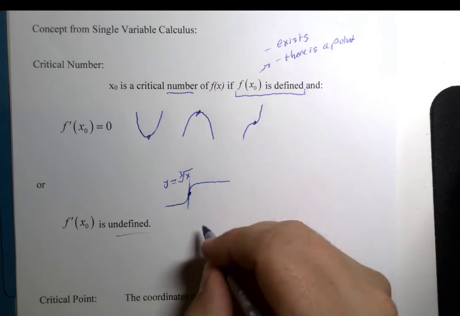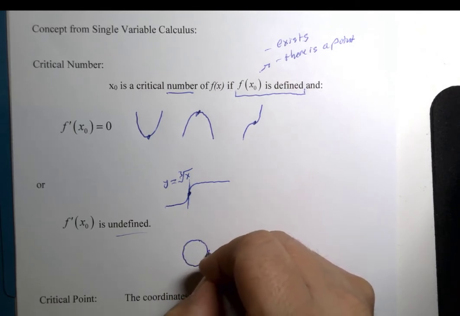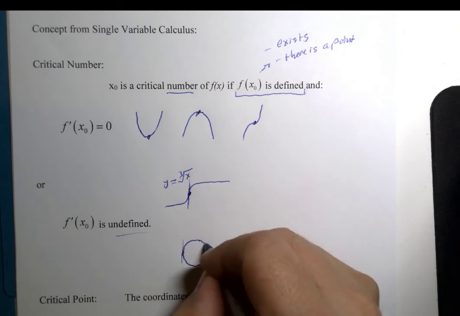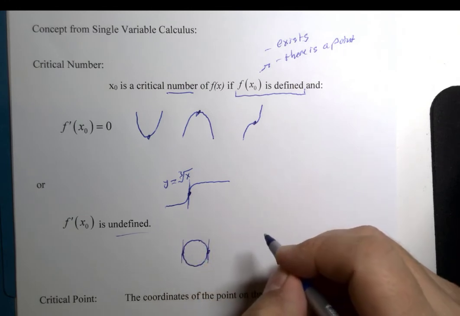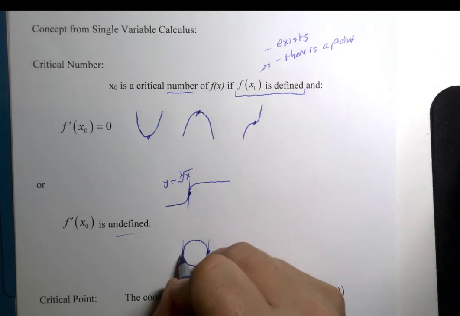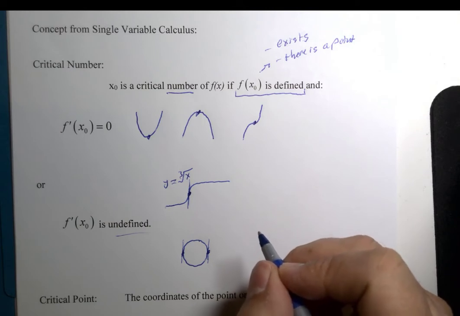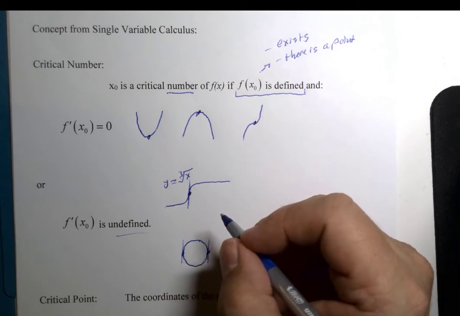Another case, it's not a function, but might be on a circle, on the right or left side of a circle. Again, there's a place where there's a tangent line, but the slope is undefined, so those would be called critical numbers of the function. Well, it's not a function, but it would be an important place at least, maybe not critical.